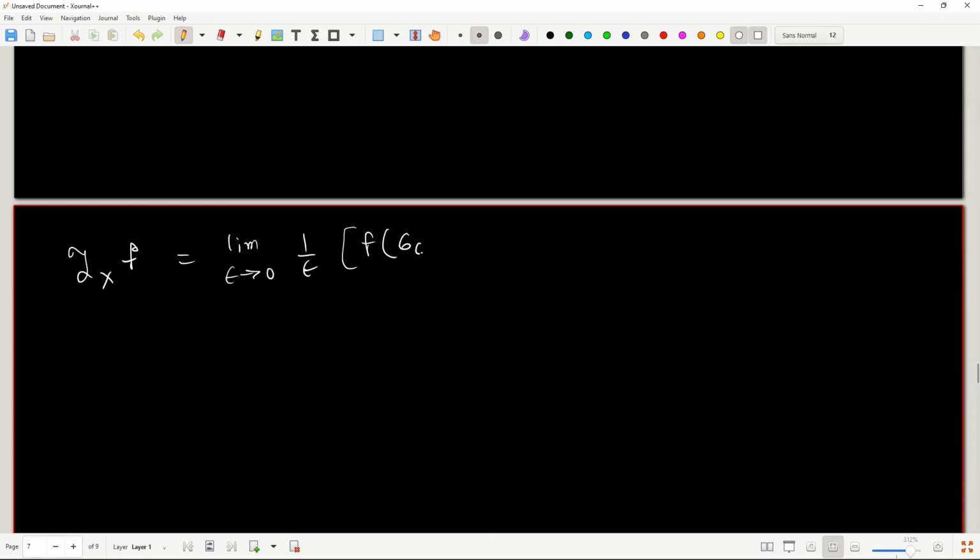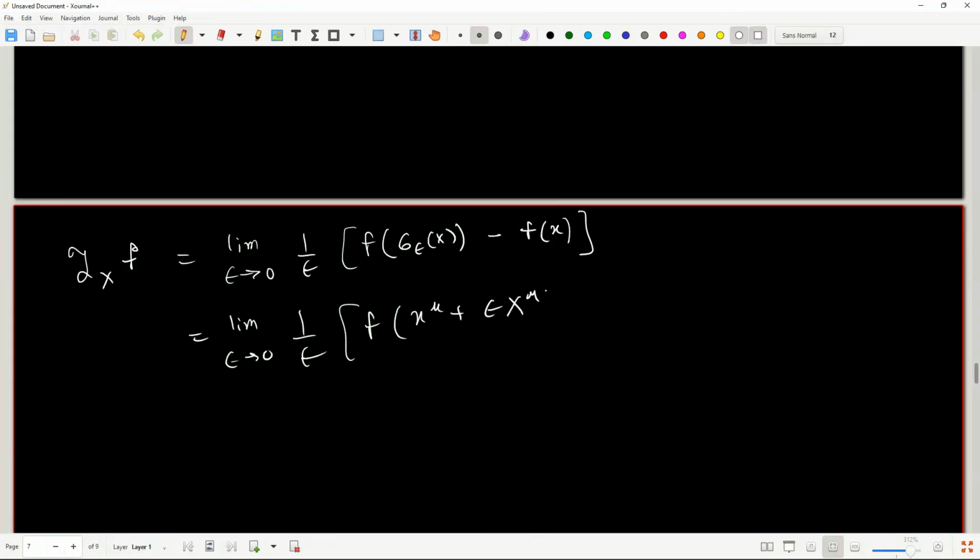The point x prime, denoted by sigma epsilon of x, starts from x and goes to x plus epsilon times the component of the vector field, minus the function we originally started with at x. Written in component form, it is f of x mu plus epsilon X mu, minus f of x mu. Then I can take this function and Taylor expand it.